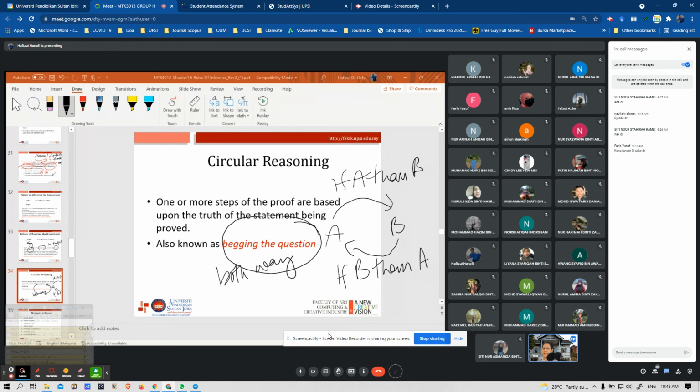Or in other words you can say that it can restate or presuppose the claim. Kita boleh claim if A then B ataupun kita boleh claim if B then A.